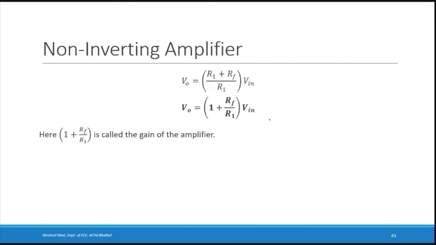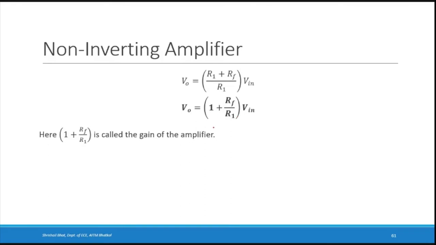In the case of the first module, in that 7805 block diagram, we had a particular circuit diagram. If you remember, we said it was a non-inverting amplifier. We took the equation as 1 plus R2 by R1 into the V in, or V1, something like that. There we used this particular equation, 1 plus RF by R1 into V in, where RF was R2 and R1 was R1, R2 dash by R1 dash, something like that, right?